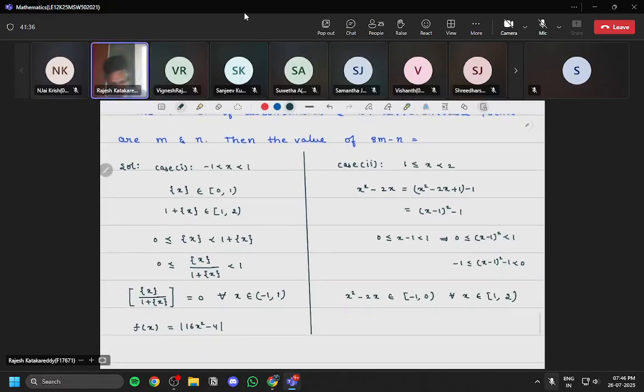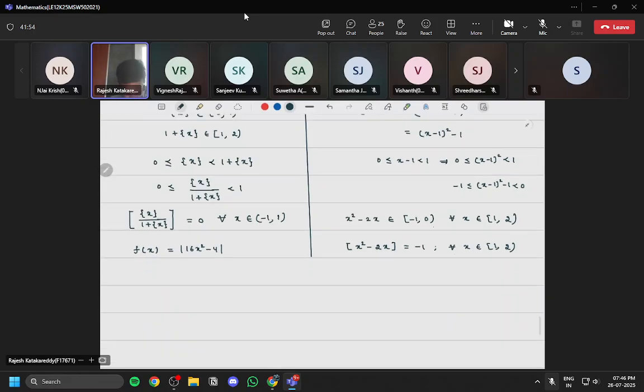Okay, I think we can do directly here. If I take the greatest integer for this, it is −1, well done. Right? So now we are drawing this.